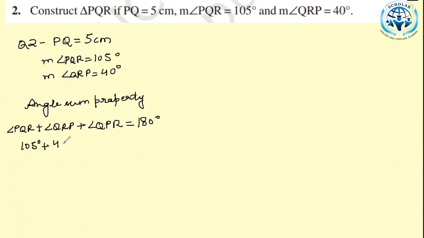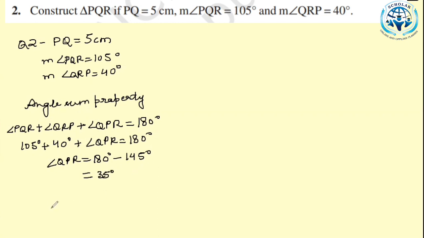The sum is 180 degrees. 105 plus 40 plus angle QPR is equal to 180 degrees. We will add 105 and 40 and we will get 145, and we will subtract 145 from 180 degrees, which is equal to 35 degrees.